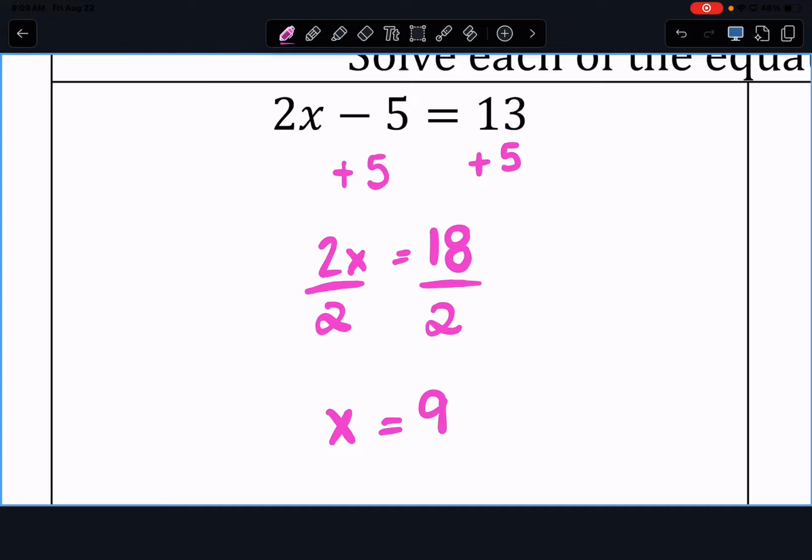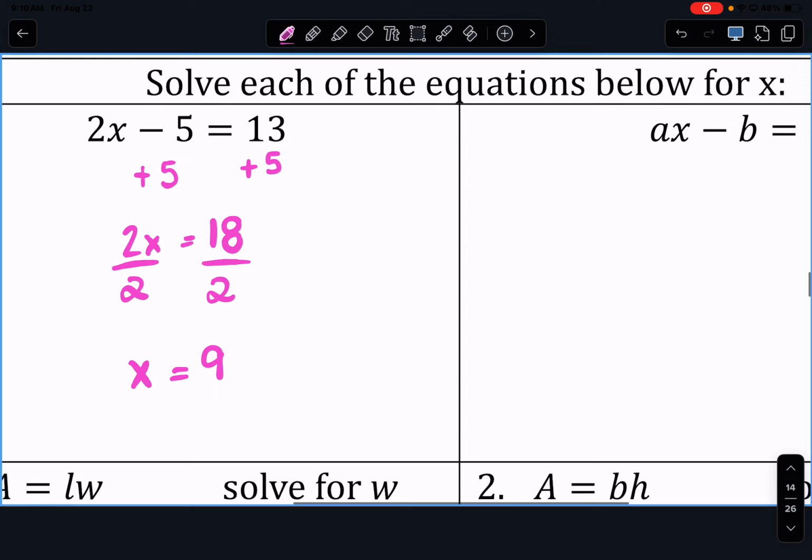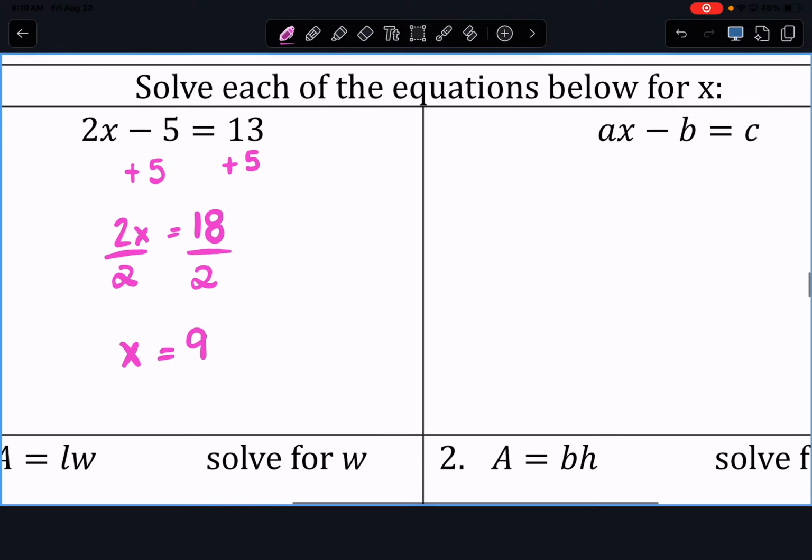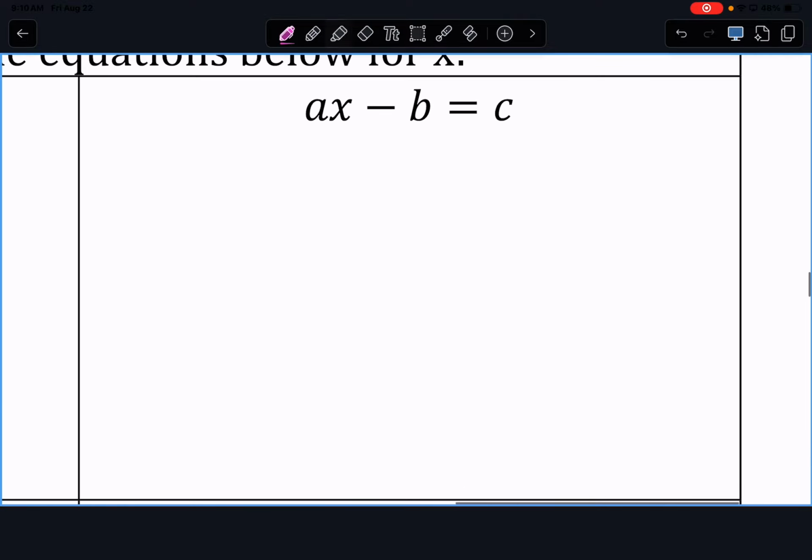All right, now, the equation next to it is a literal equation that is set up the exact same way. It's just we don't have the numbers in there, okay? So we're going to solve that equation for x just like we did the last one. So what do I need to do first? Add b. So I get ax is equal to b plus c.